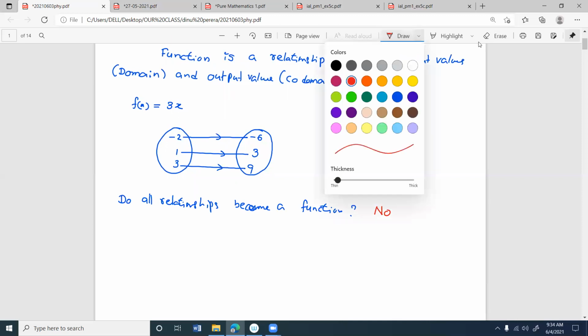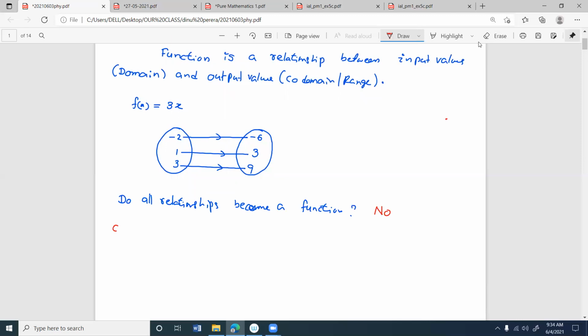Only the relationships which satisfy two main conditions become a function.